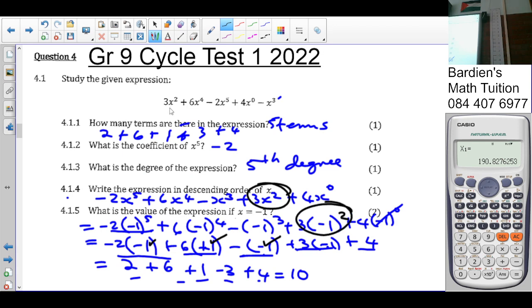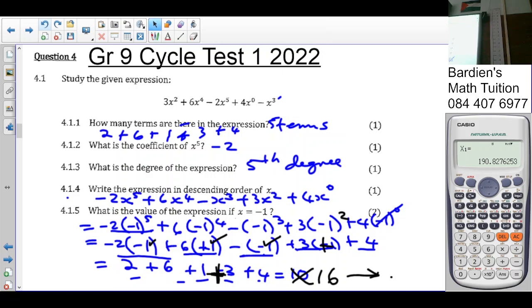As you can see there, I didn't write the square. Because that is not there, so that has to be positive, and this 3 here is positive. Okay? Which will result in that being 16. Sorry about that. So as you can see, if you leave out the square, you're going to make a mistake.